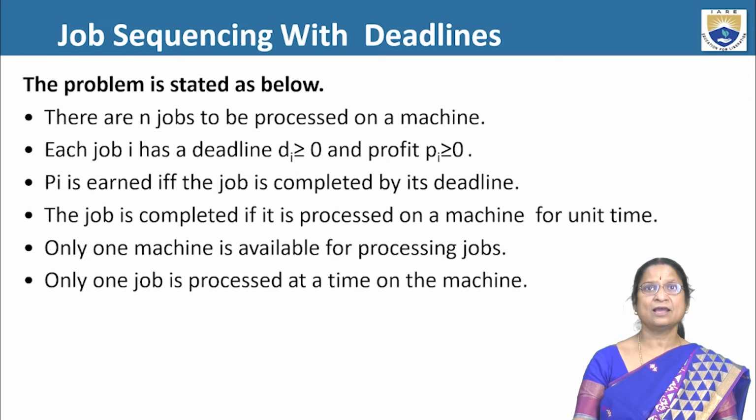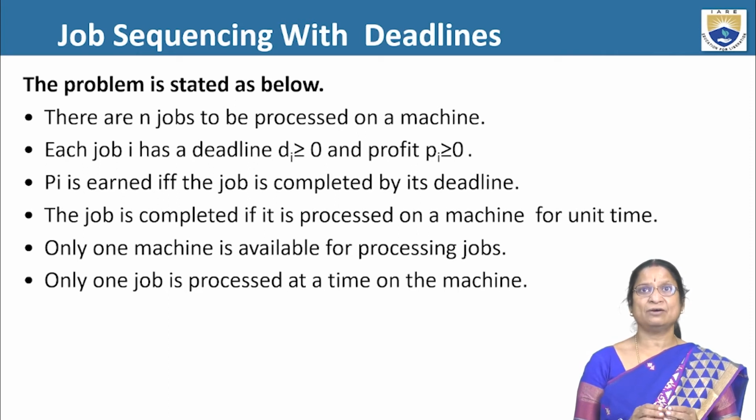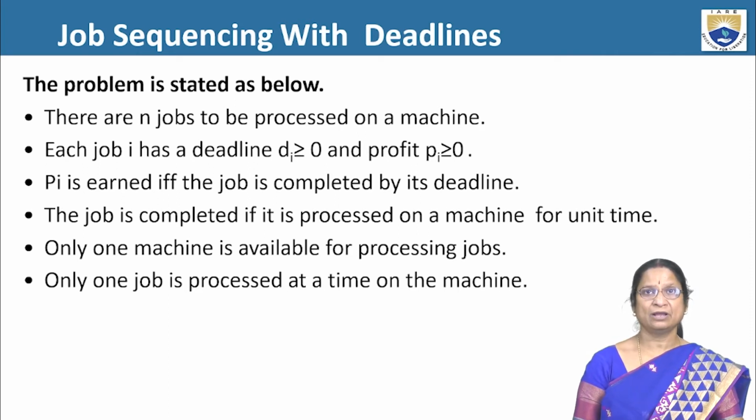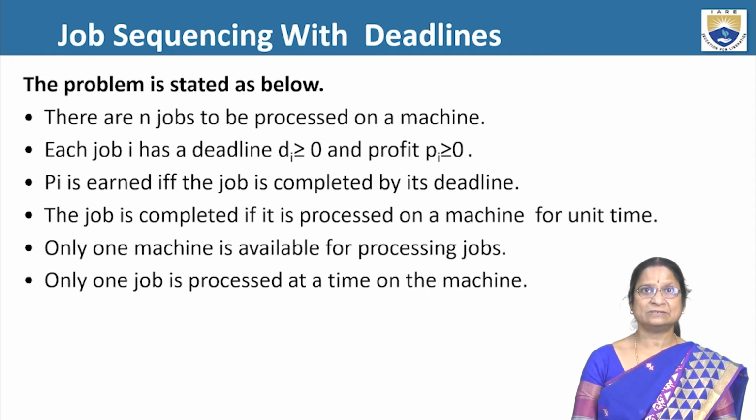Let us assume that a job is i. It has a deadline Di greater than or equal to 0 and a profit Pi greater than or equal to 0. Deadline means that before our machine reaches that particular value, the job has to be completed. When it completes before that deadline, it earns a profit of Pi.